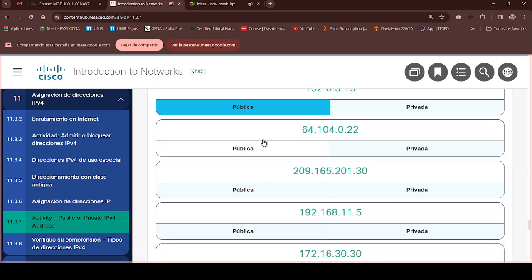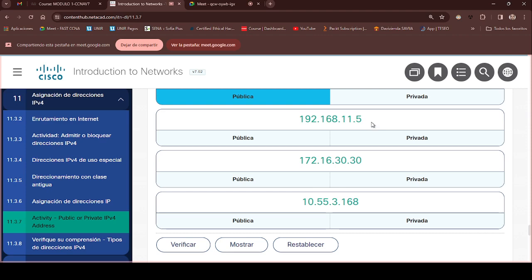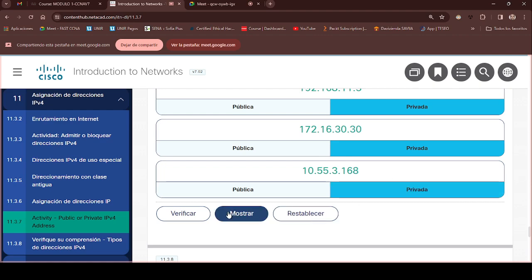Ok. 64.104.0.22, ¿pública o privada? Pública. 209.165.201.30, pública. 192.168.11.5, privada. Ok, 172.16.30.30, privada. Y la 10.55.3.168, privada. Ok.